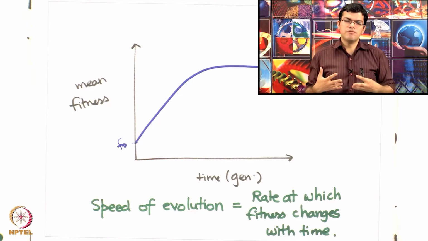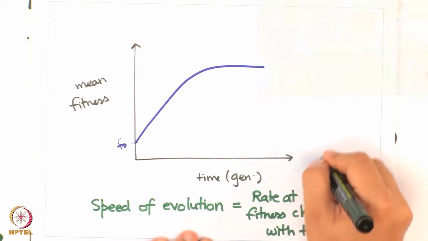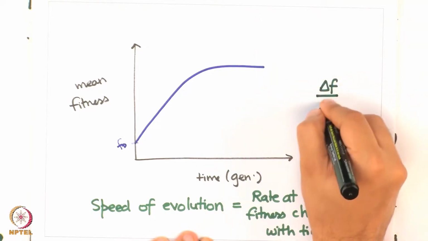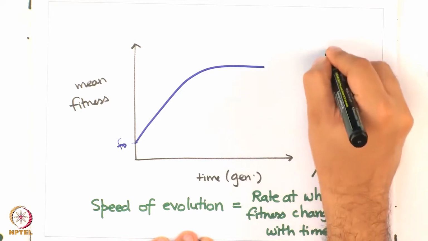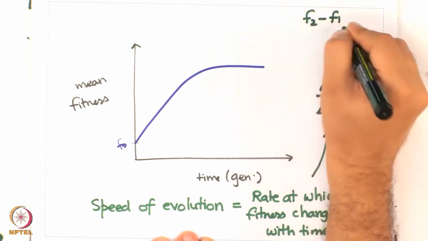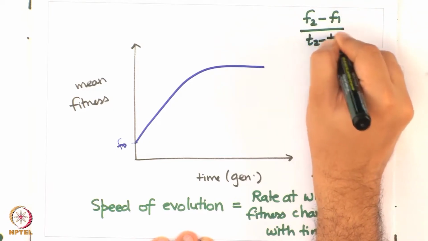However, if change in fitness with change in time is happening very slowly, that means evolution is not taking place at such a pace. So, this can be defined as delta F divided by delta T, where delta F is just F2 minus F1, fitness at time 2 minus fitness at time 1, divided by T2 minus T1.